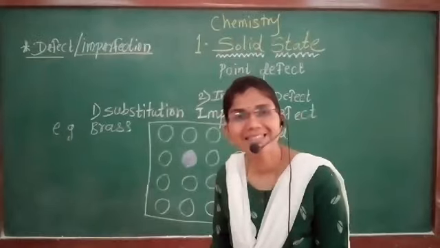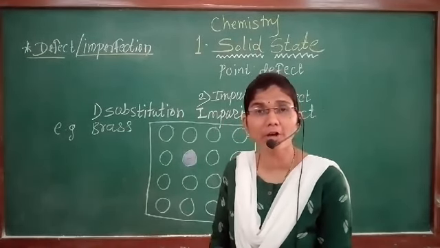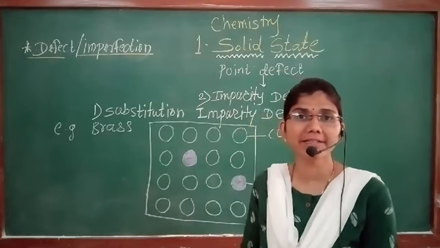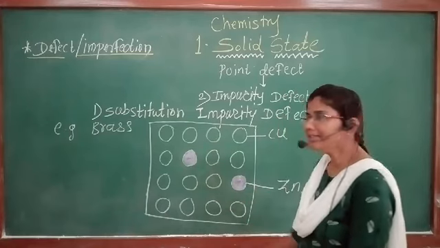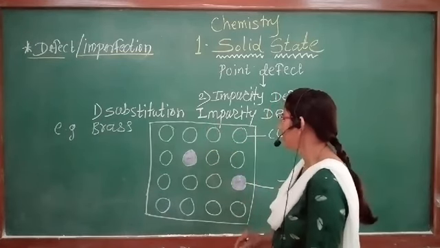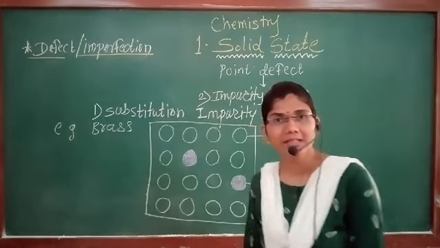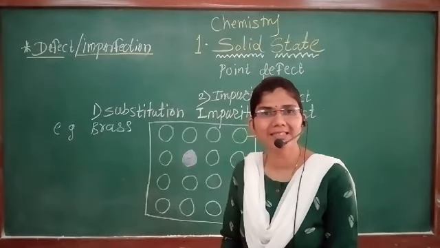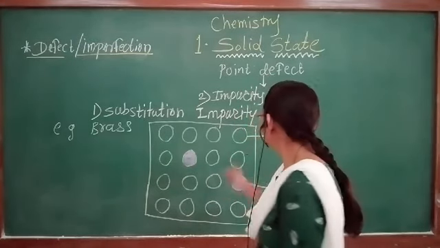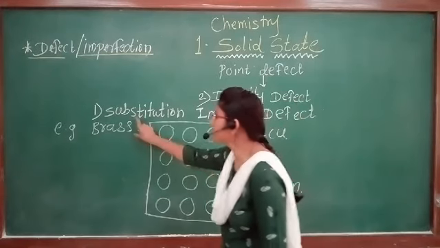To increase the properties of the metal alloy. मेटल alloyच्या प्रॉपर्टी वाढवण्यासाठी आपण काय करतो? कॉपर मध्ये थोडासा काय ऍड करतो? झिंक ऍड करतो. Here the copper is the host metal and the zinc is the impurity. The zinc acts as an impurity, and when a small amount of zinc is added to the copper metal, then brass is formed.